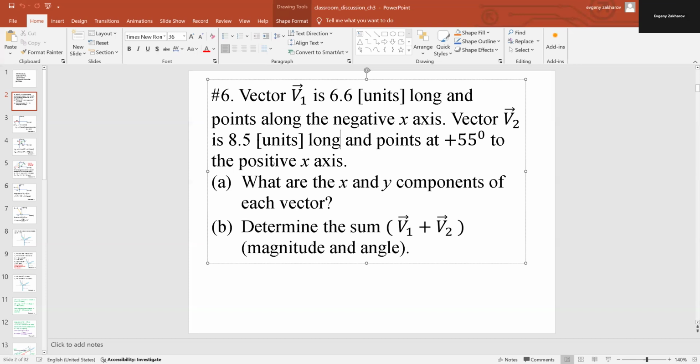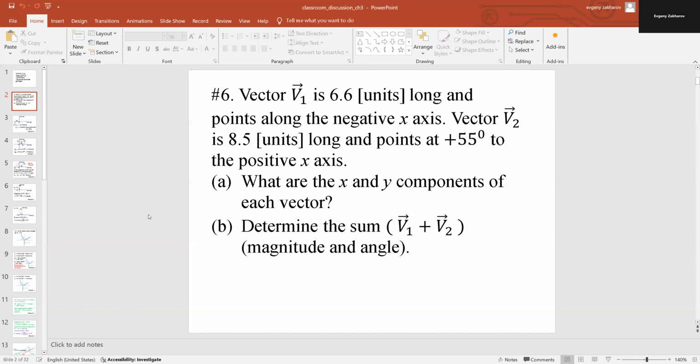Scalars, that's what you do in regular algebra. But for vector algebra, you have to do components, add those components, x with x, y with y, and then do the Pythagorean theorem, the strategy that we discussed earlier.